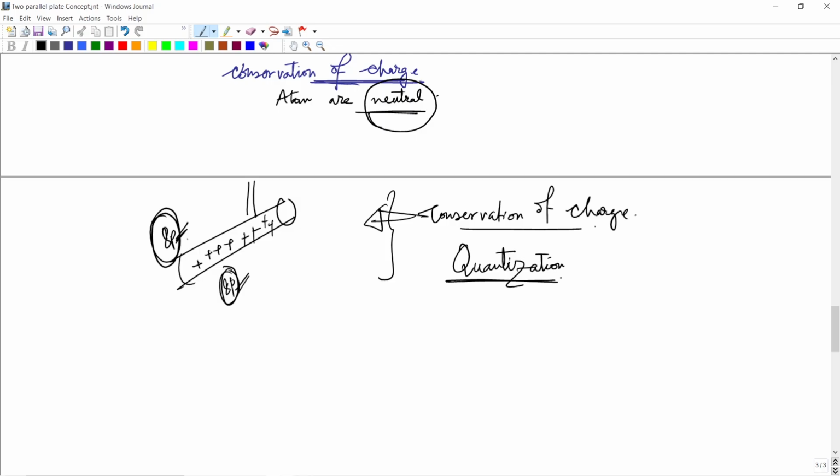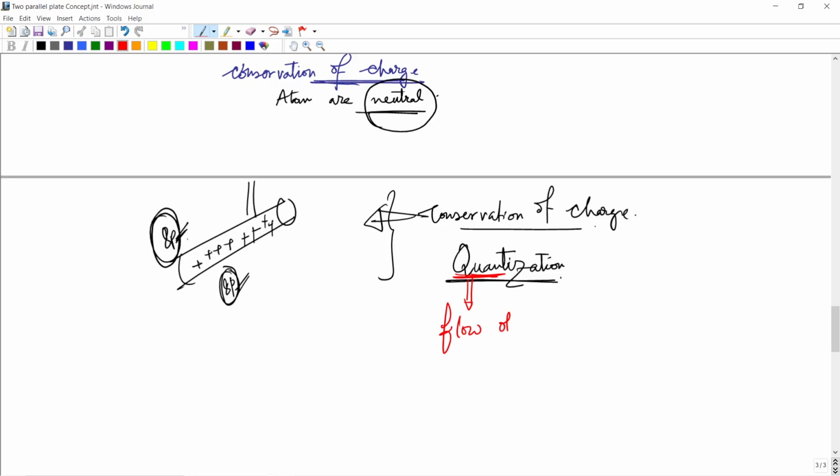What is quantization? As the name suggests, quanta means very small. Listen carefully: the flow of charge in a conductor is not continuous. It is a discrete value.